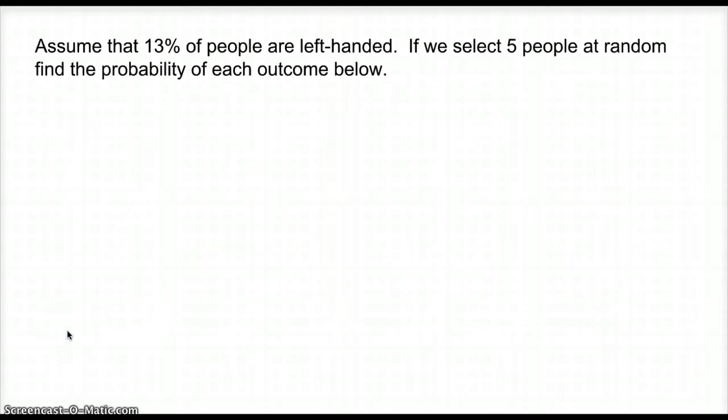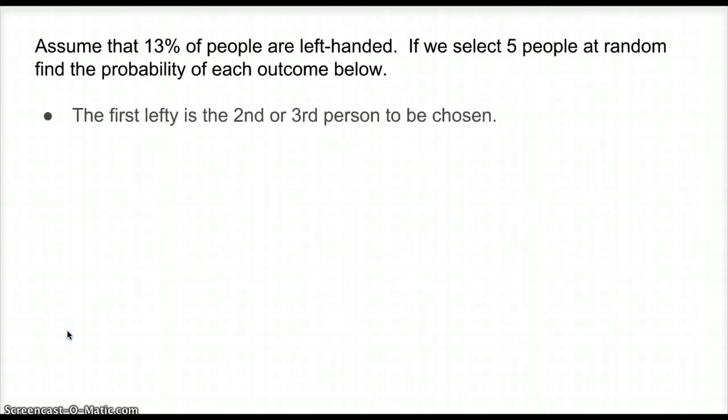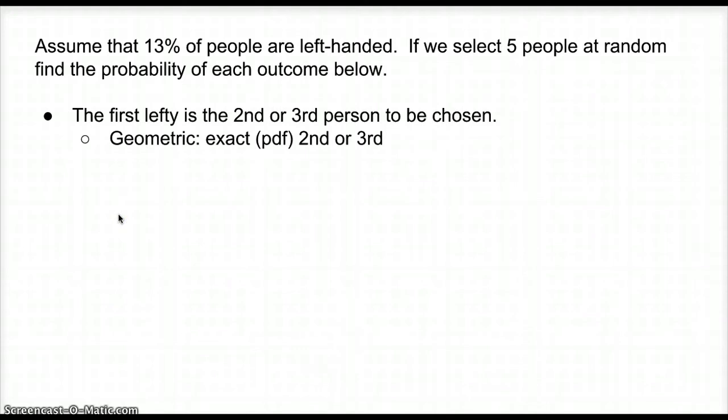All right, same problem again, another probability issue. This one's asking you the first lefty is the 2nd or 3rd person to be chosen. So what you should see is that it's geometric because it's exactly the 2nd or exactly the 3rd. But what's different about it is it has this "or" right here. And remember, or means that we're going to have to add.